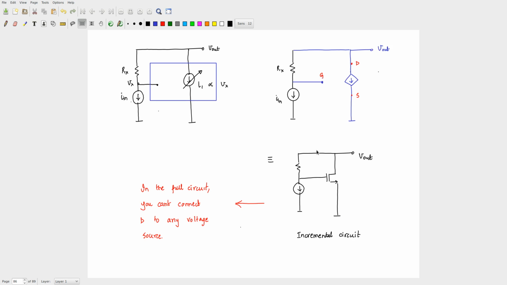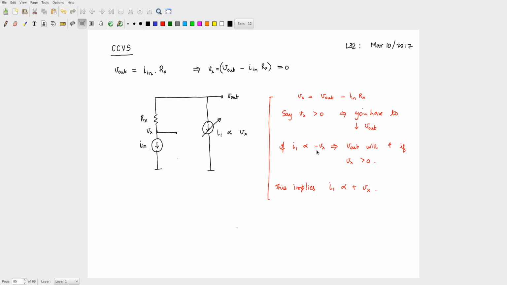You said Vx was V out minus I in Rx, correct? And Vx is the potential on top of this current source. When Gm is infinity, what happens to this V out minus I in Rx? It goes to 0, which means Vx is 0, right, when Gm is infinity.